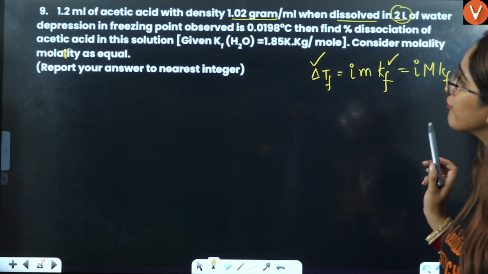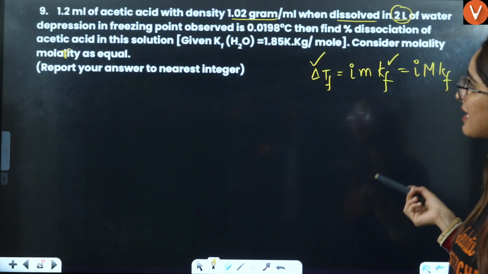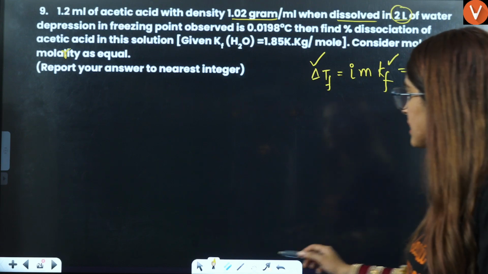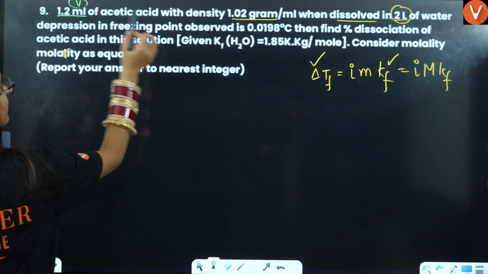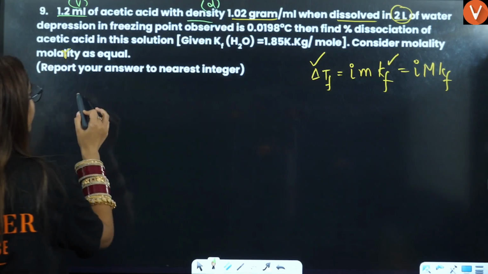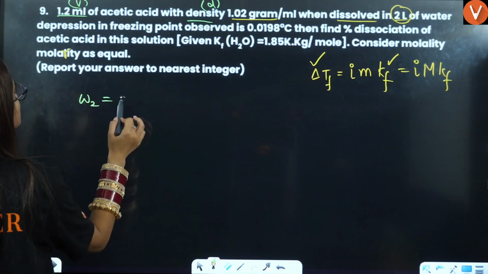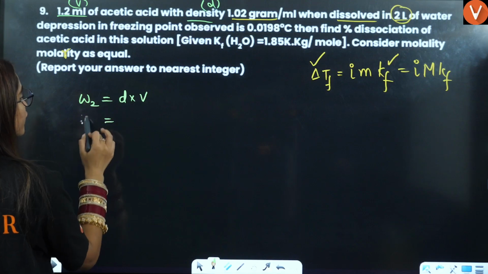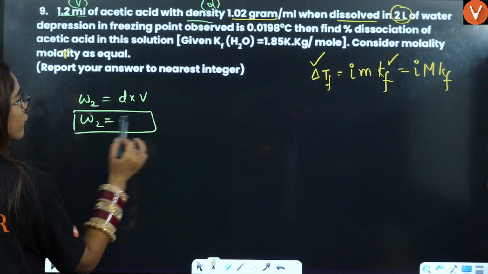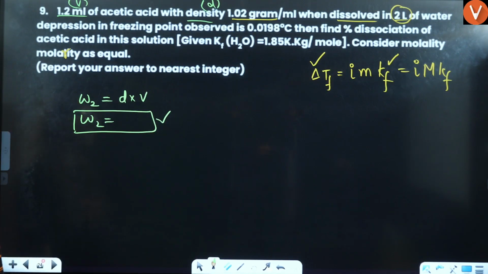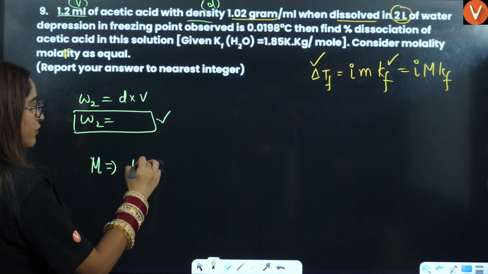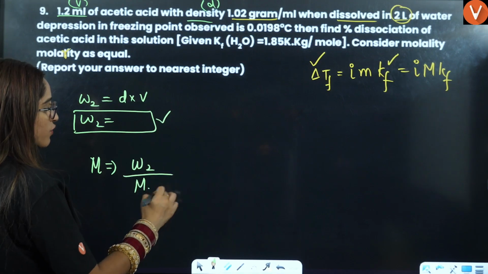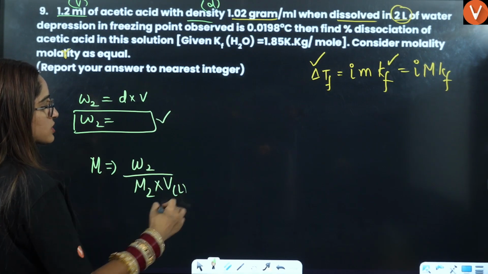Now 1.2 milliliter of acetic acid with density given. If volume is given and density is given, then the weight of solute will be equal to density into volume, so here you can calculate the weight of the solute. When dissolved in 2 liters, the molarity will be equal to weight of solute by molar mass of solute multiplied by volume in liters.